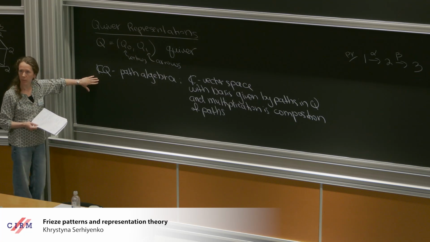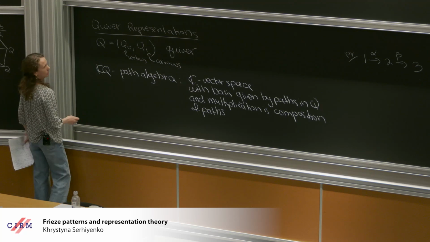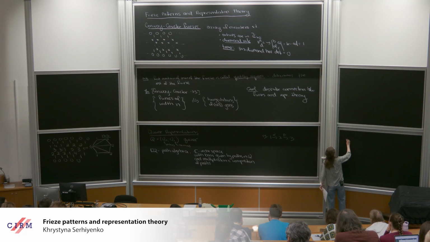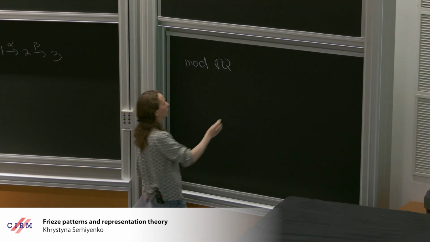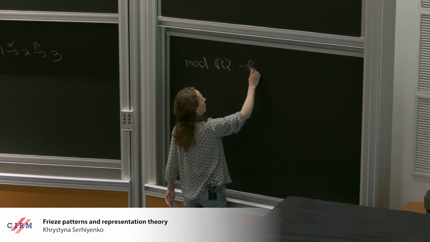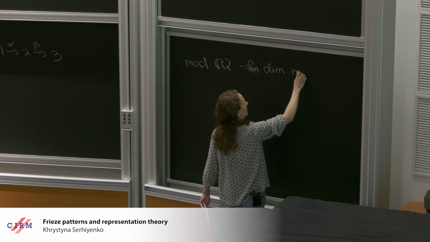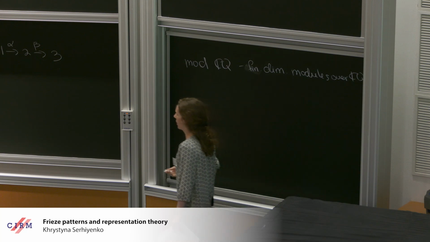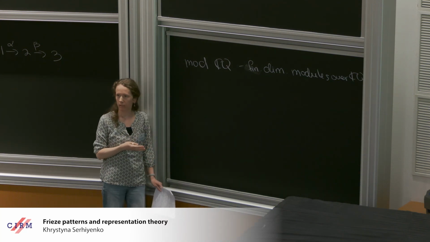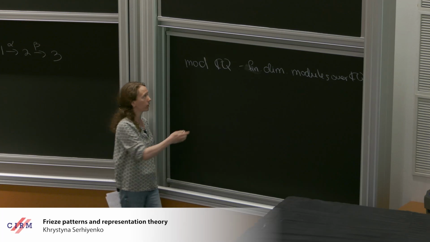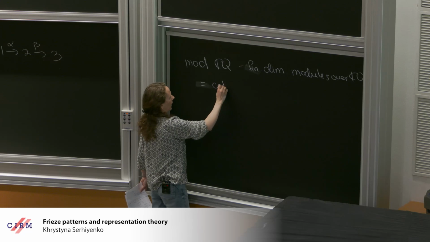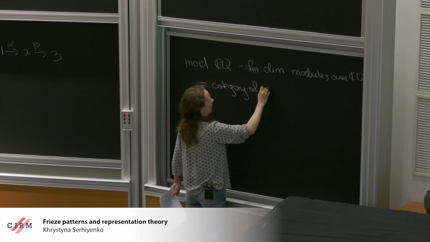We're mostly interested in the category of modules over this algebra, mod CQ, the category of finite dimensional modules over the algebra. As it turns out, this is quite abstract, but these objects can be made quite concrete. This is the same as the category of quiver representations.